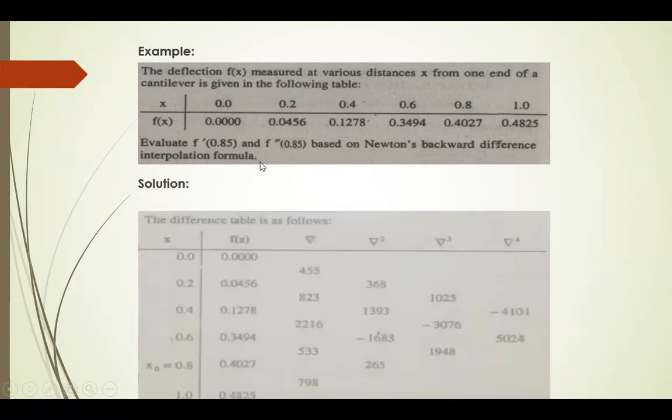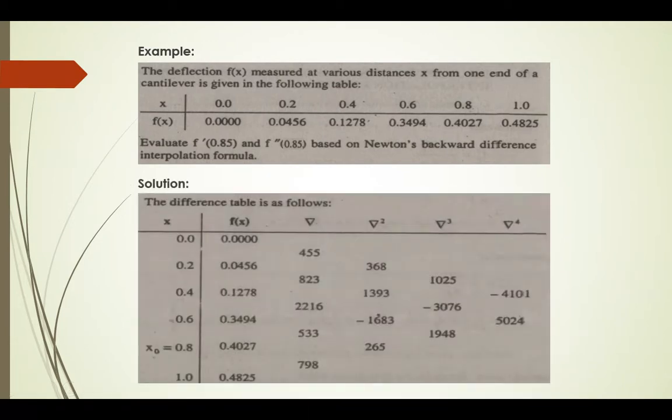So start with a difference table. The difference table is being constructed. Identify x naught from here, 0.85. 0.85 lies between 0.8 and 1, so this is x naught and this is x1, and that is xp.